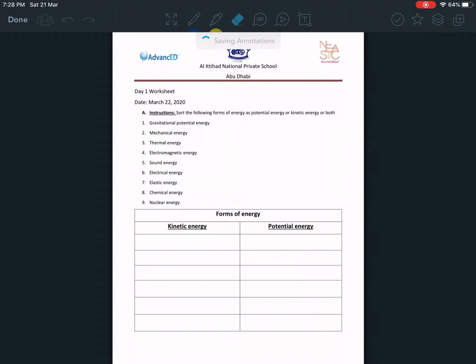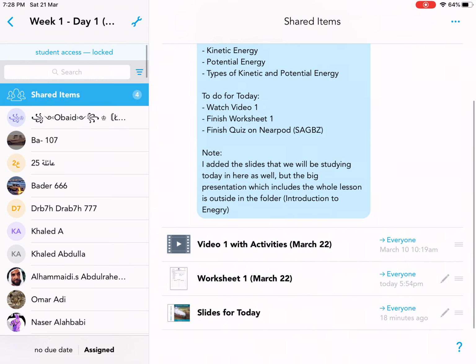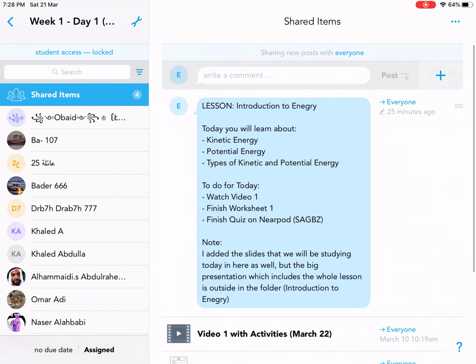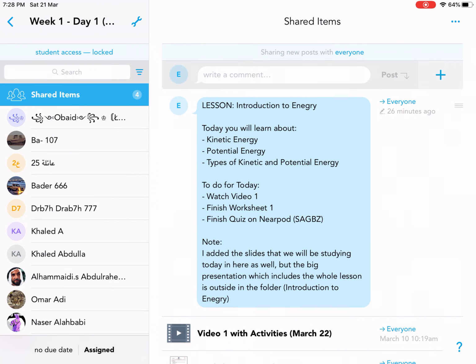Okay, you also need to remember that you have to do the quiz on Nearpod. If you don't do the quiz on Nearpod, okay, you will take a 0 on the quiz because everything is graded. Okay, please use your real names on Nearpod and on Shobi. Fix your names on Shobi if your names are not properly written.